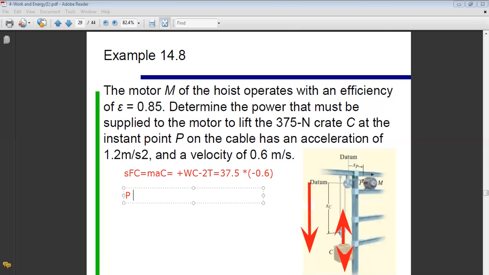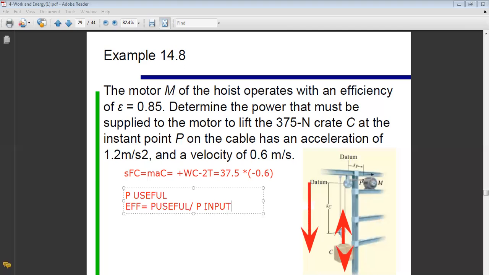But we didn't finish. Why? Because what they want is not P useful, it is the input power. They said determine the power that might be supplied to the motor. So we need to calculate the input power. Since we have the efficiency, we know that the efficiency by definition is P useful over P input, the power that we input to the motor.